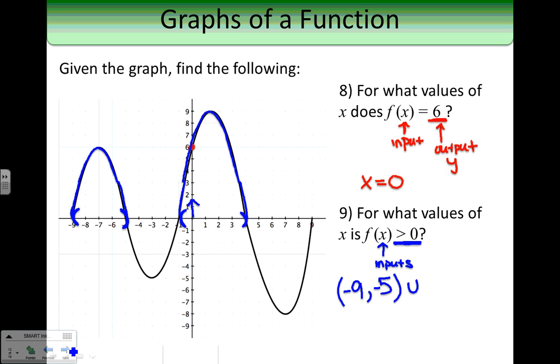Okay, but not equal to, because we only want it to be greater than 0, not greater than or equal to 0. So I don't want to include the x-intercepts where it's equal to 0, only greater than. So from negative 9 to negative 5, but not equal to, and then from negative 1 to 4. Those are the range of numbers, x values, in which my outputs are greater than 0.